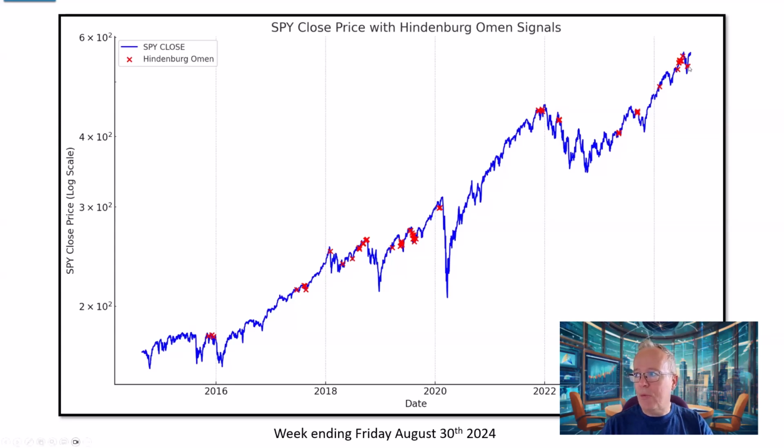The last ones we had were two on the very right-hand side of the chart, coming out of this most recent dip, but none since then. So as you can see, SPY is back up to almost all-time highs. In fact, there's only been one close in SPY above Friday's price, so it's really knocking on the limits at the moment.